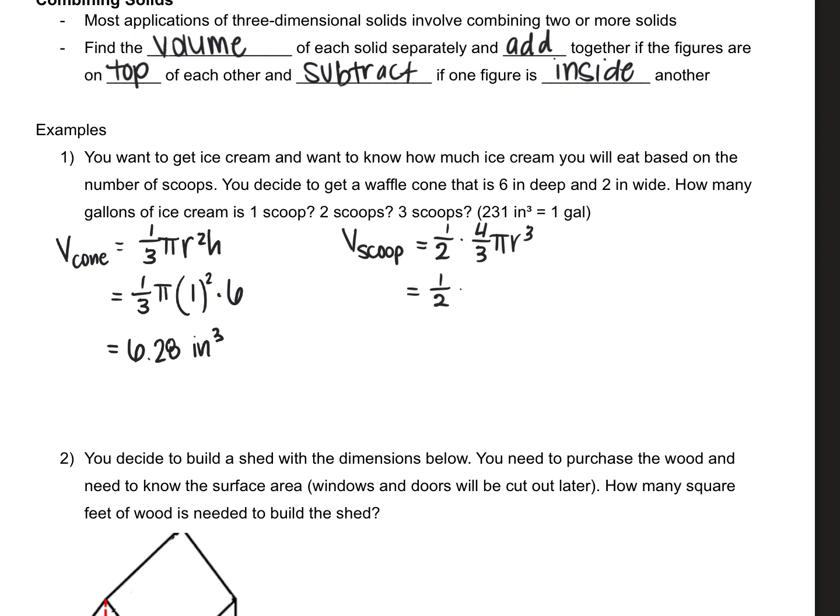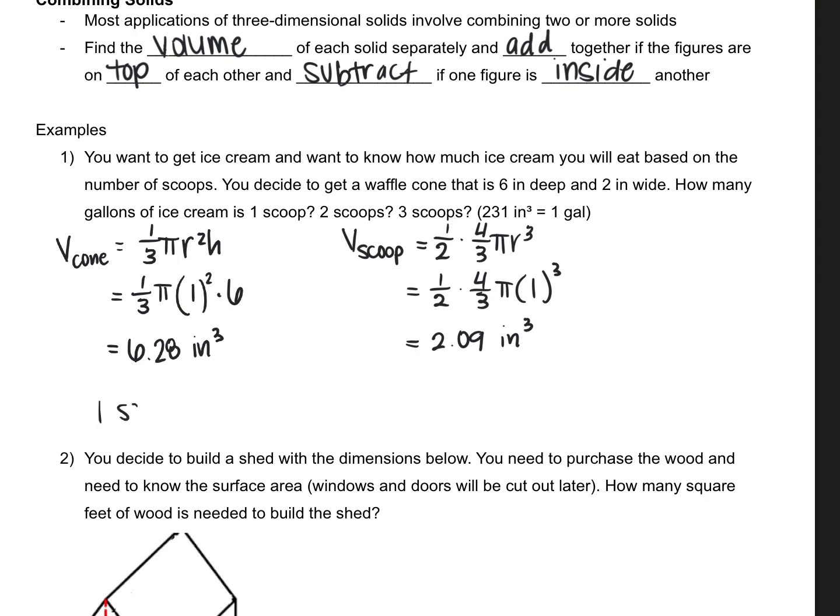So we have 1/2 times 4/3 pi times 1 cubed, because the radius of our scoop is going to be the same as our cone. And each scoop is going to be 2.09 inches cubed.